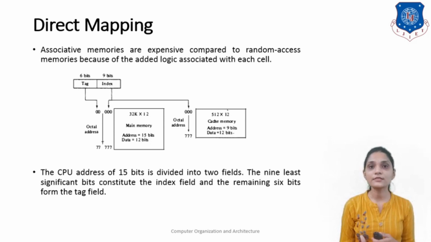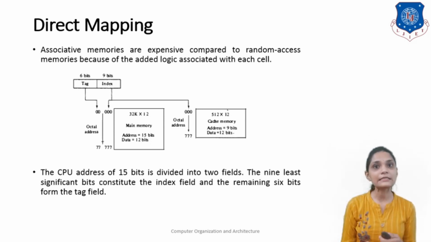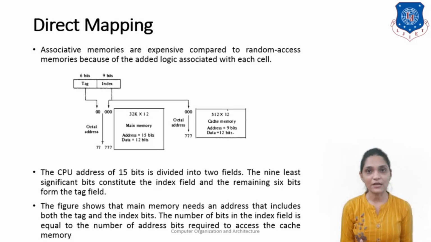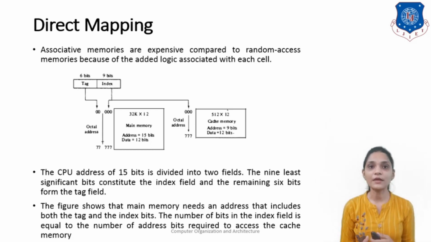The CPU address of 15 bits is divided into two fields. The 9 least significant bits constitute the index field and the remaining 6 bits form the tag field. The figure shows the main memory needs an address that includes both the tag and the index bits, and the number of bits in the index field is equal to the number of address bits required to access the cache memory.